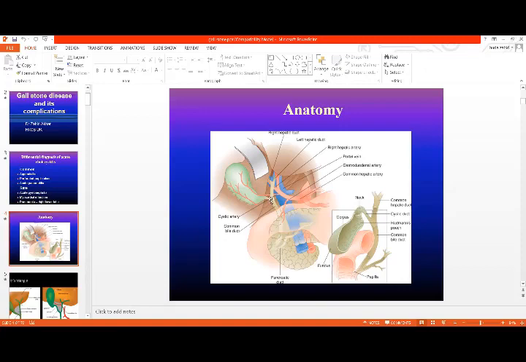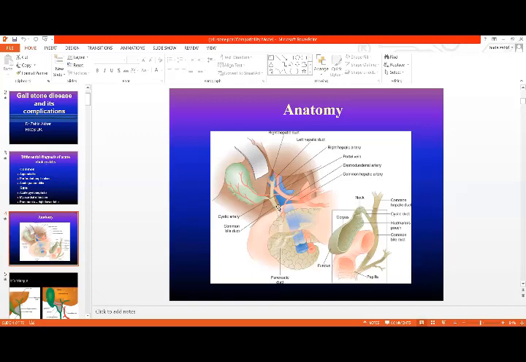After the junction, further on, it becomes the common bile duct, because the cystic duct also joins in. It's bringing the bile from the liver and the stored bile from the gallbladder.